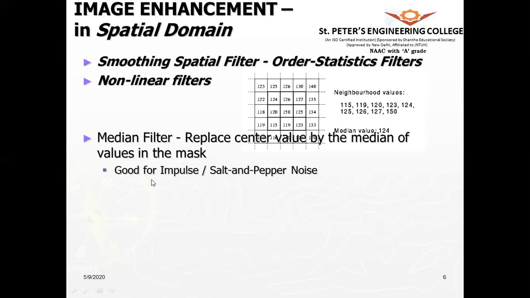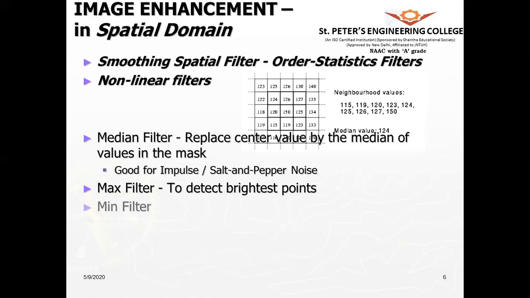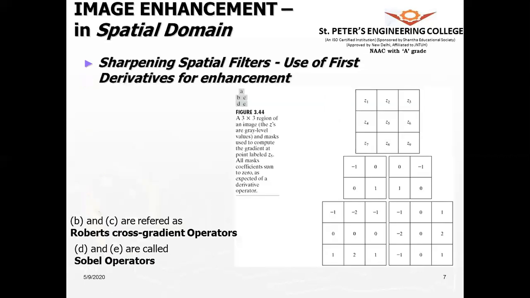This is good for removing impulse or salt and pepper kind of noise. Or you can replace that value by the maximum to detect the brightest points, or with the minimum value to detect the darkest points. So these are all the order statistics filters.